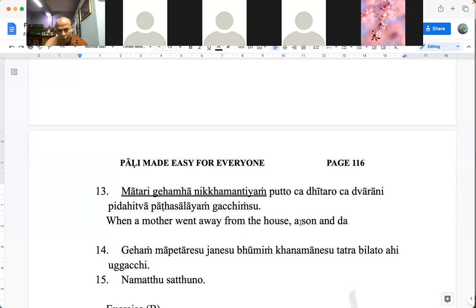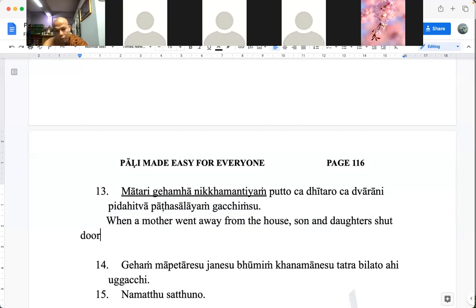So son and daughter, okay, so we don't need to use. Bodoja, Didaroja. So son and daughters. And then Dwarani, Bidahate Dawa. So Bidahate Dawa also from the root, or the Bidahati. So shut. So Dwarani, doors. And so Bata Sala means school.